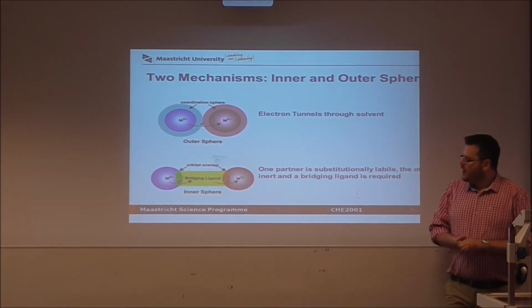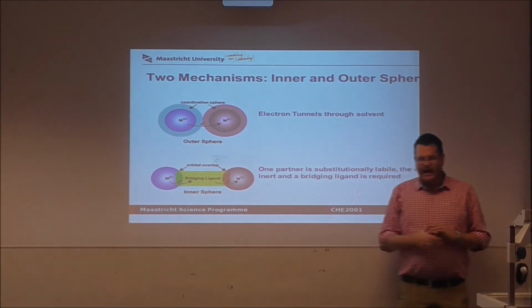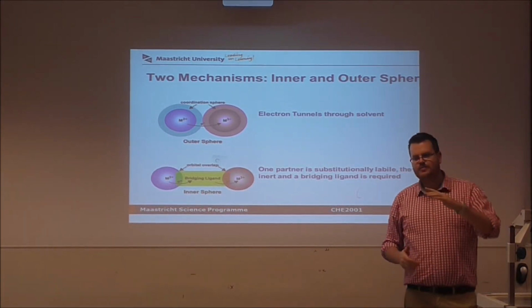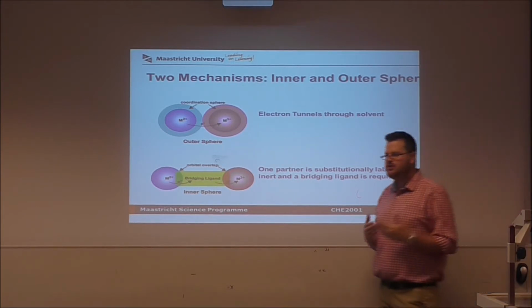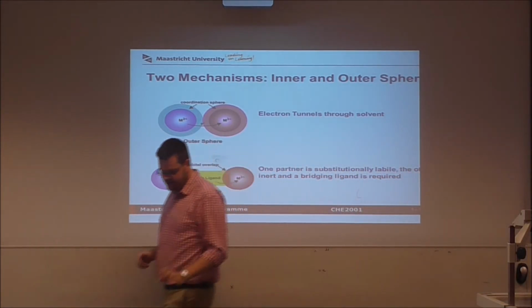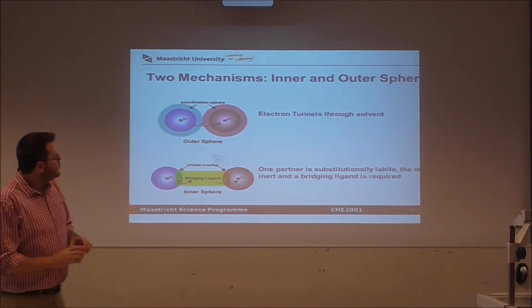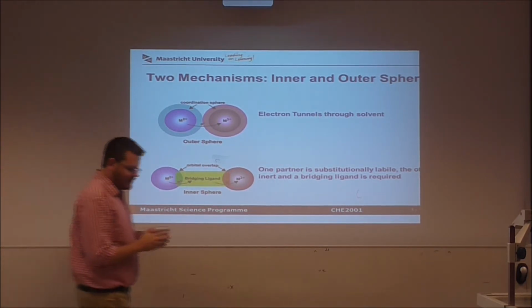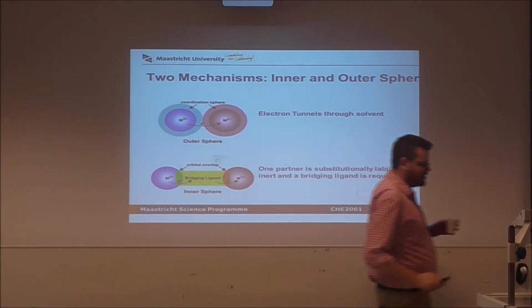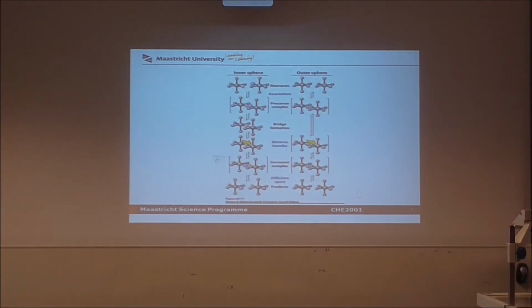The other thing you require is that the reaction partner where that bridge is being formed must be substitutionally labile, and we'll see why in a minute. But those are the two mechanisms of electron transfer in organometallic and inorganic chemistry generally. Now, here we see it in a little bit more detail. That's from Schreiber and Atkins.